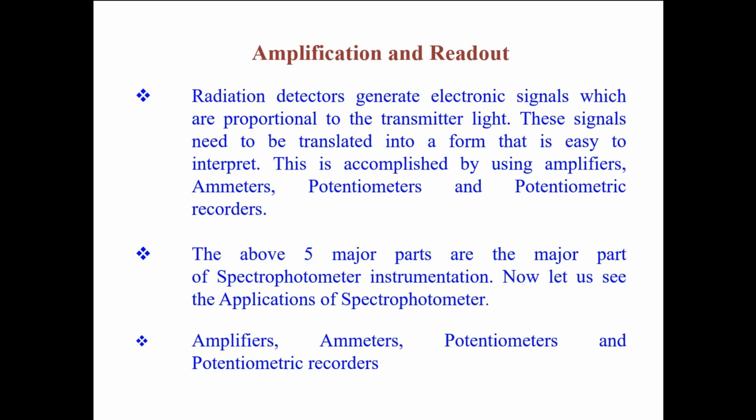And the next wavelength selector is the monochromator. The monochromator will be prepared in a closed box, where the light will pass through an entrance slit and fall on the collimating device, and the collimating device will reflect the light to fall on a prism, and the prism will have a diffraction grating.